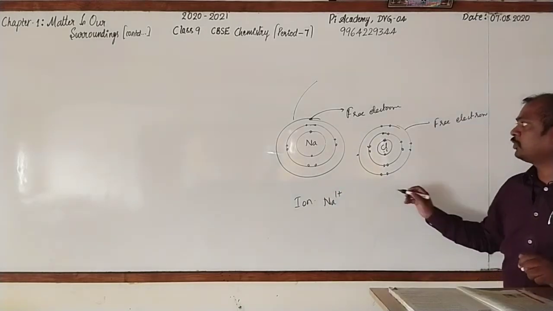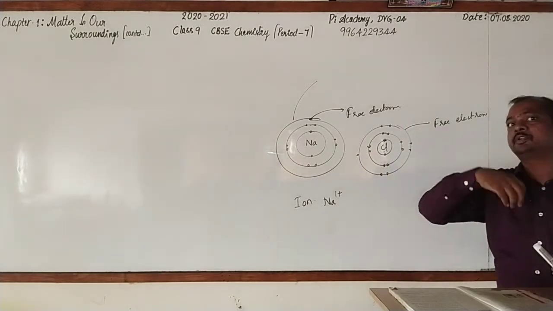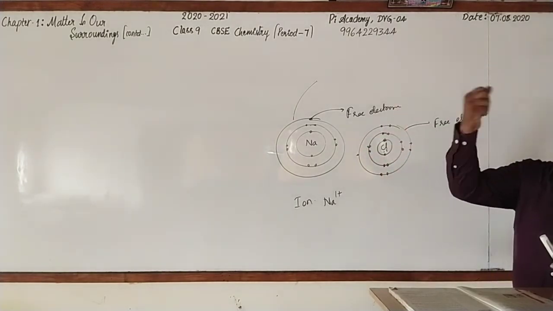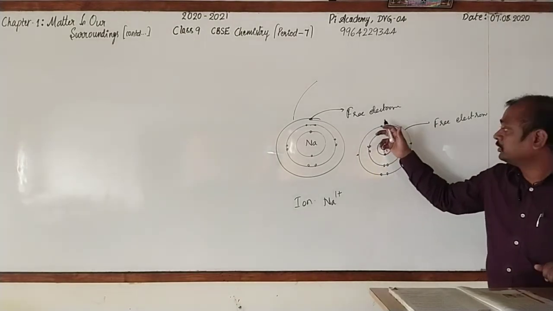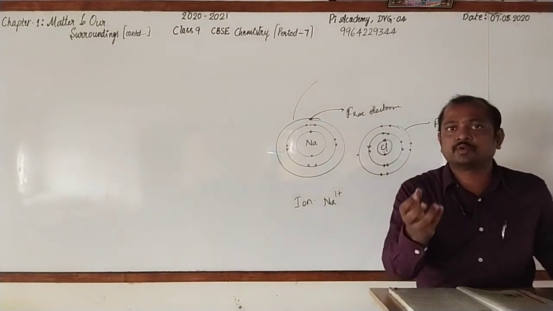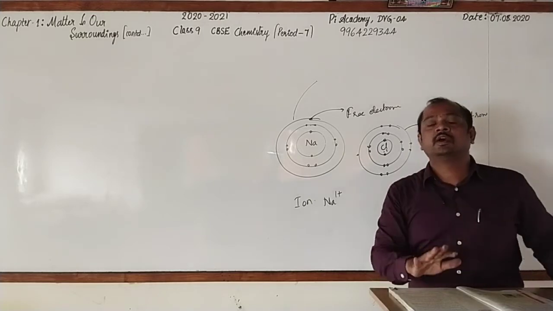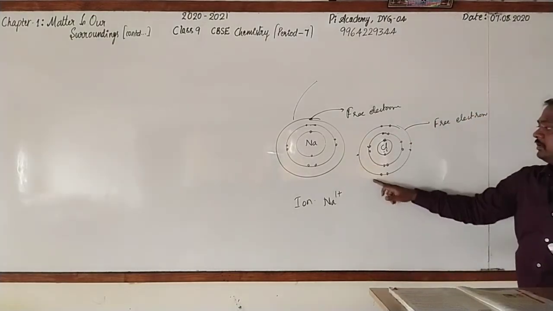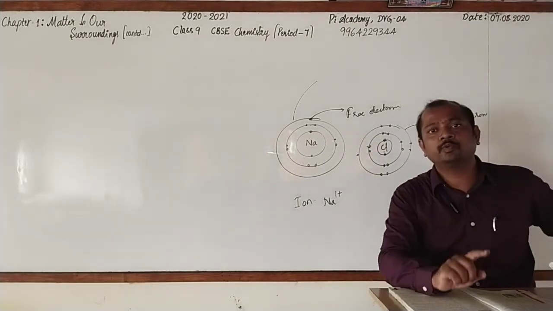Similarly, in the case of chlorine, it has 7 electrons, but it is not able to give away all the 7 electrons. Hence, it receives an electron. The reason is, for an atom to attain stability, there must be 8 electrons in the outermost orbit. Here, how many are there? 7 electrons. It needs just 1 more.